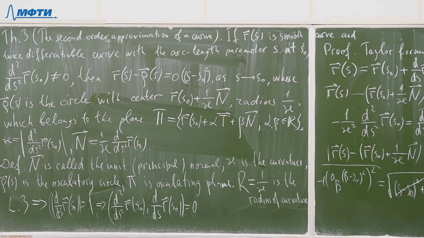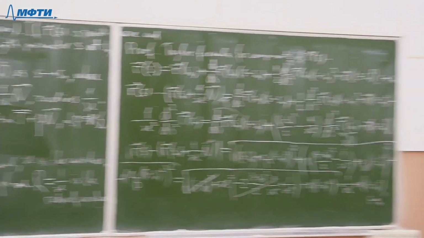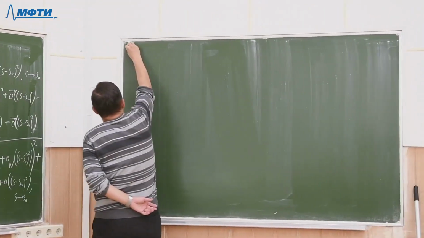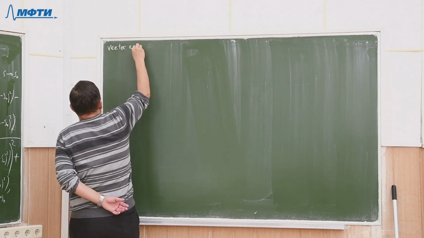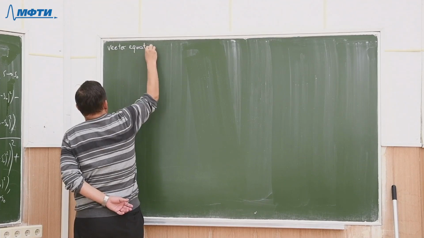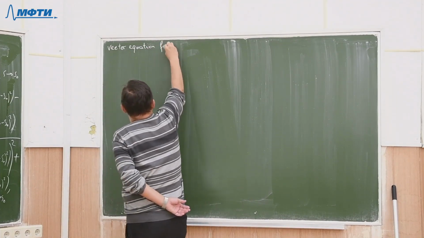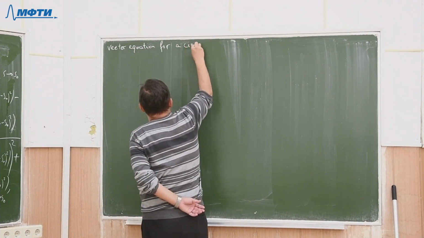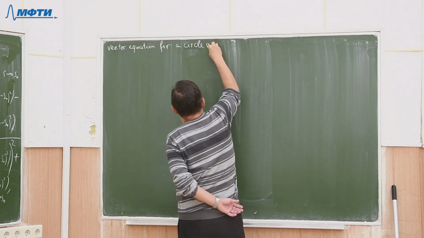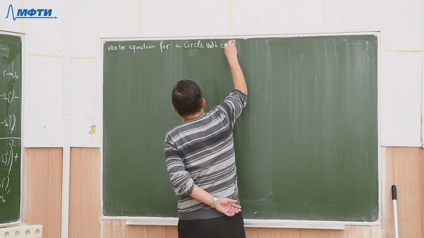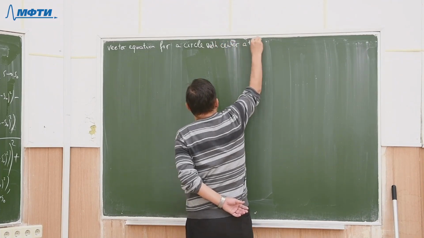Okay, so let me try to compute. First of all, what is vector equation for a circle with center at the origin?